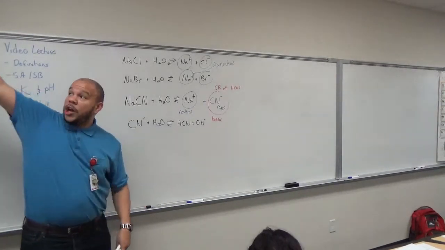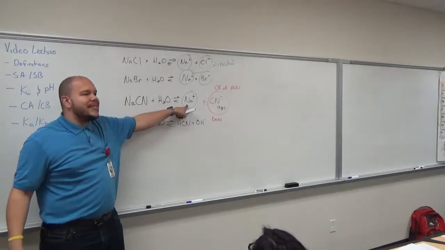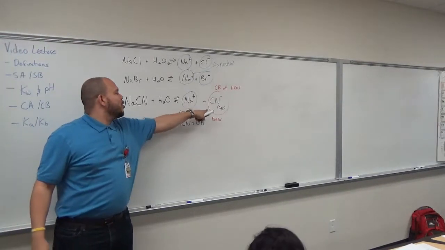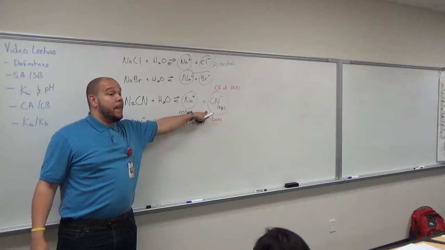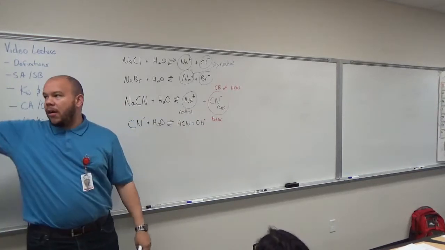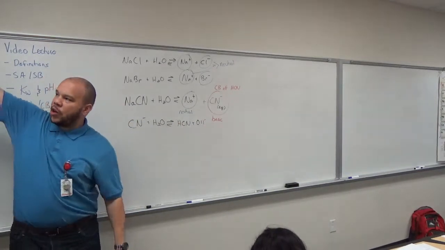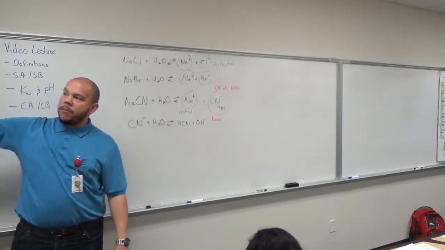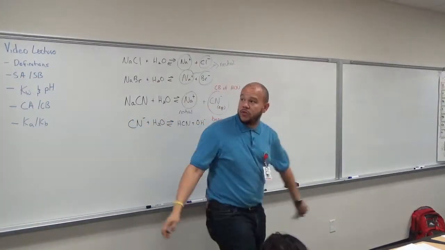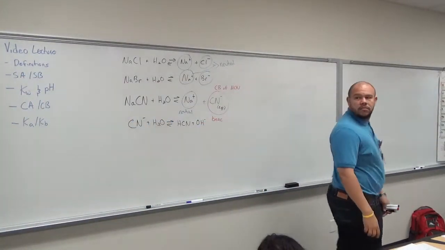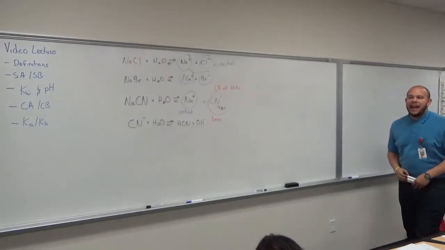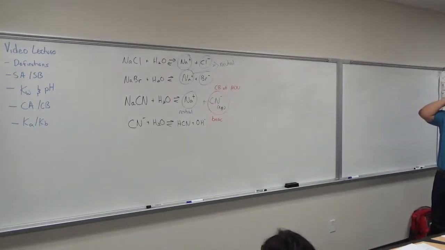So the cation in this case did not impact pH, but the anion did because it was a conjugate base. Now, we're not going to talk much about polyatomic right now, but transition and post-transition metals are acidic. And the question is, why?